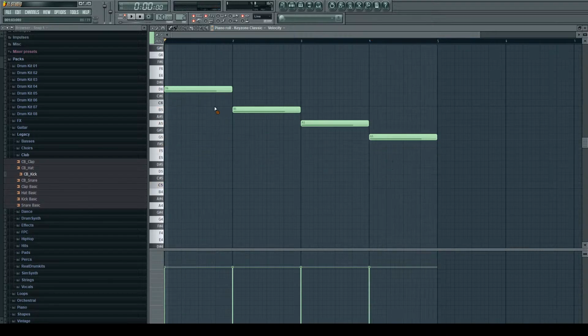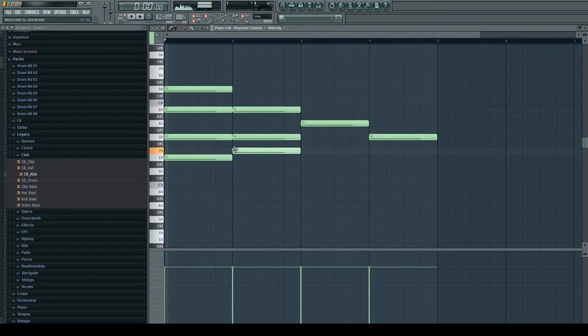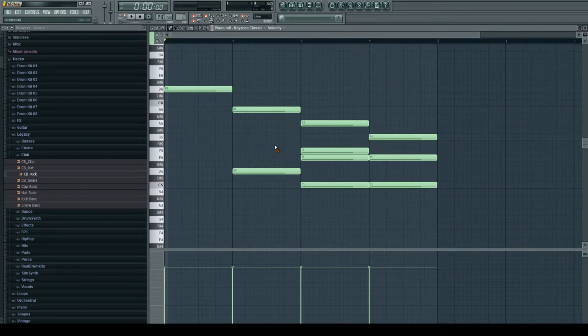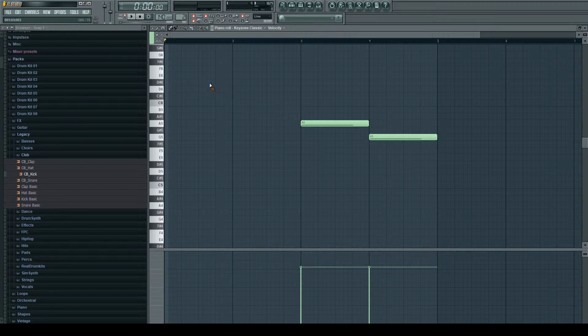You can use anything, with the addition of sevenths, anything you want.